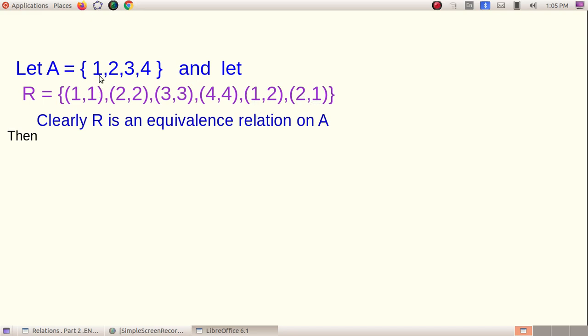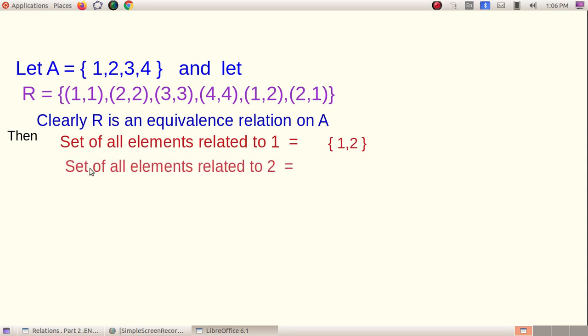In short, the set of all elements related to 1 is the set {1, 2}. 1 is not related to 3, and 1 is not related to 4. So two elements are related to 1. Let me write it: the set of all elements in A related to 1 is equal to the set {1, 2}. Clear?